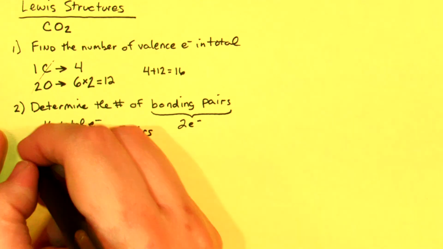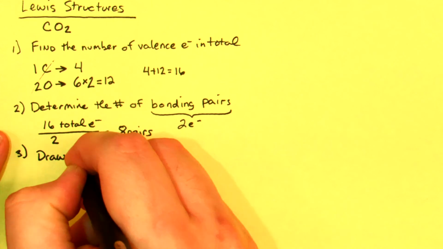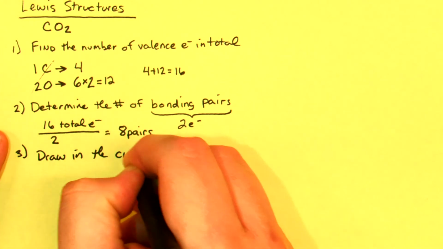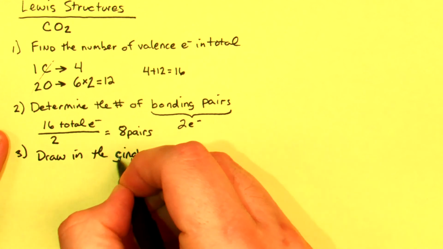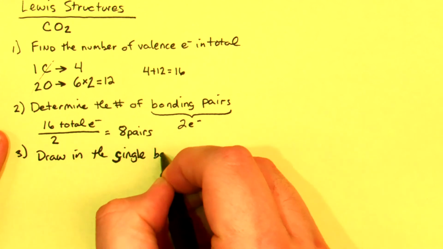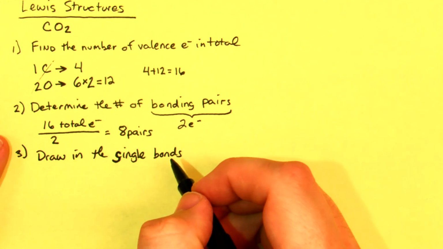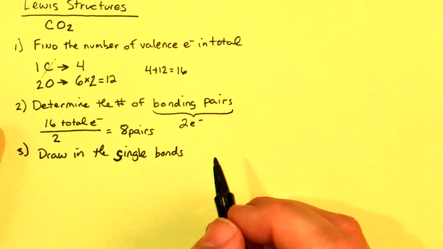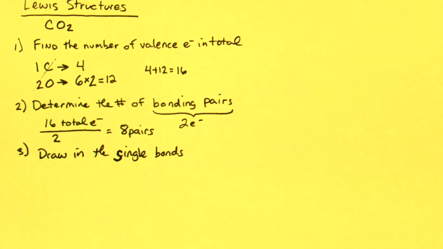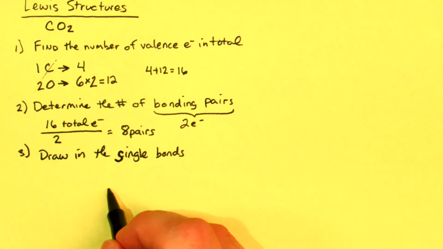All right, 3. Draw in the single bonds. Now, since we have carbon, carbon goes on the inside.